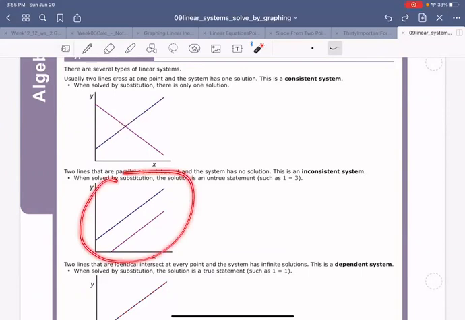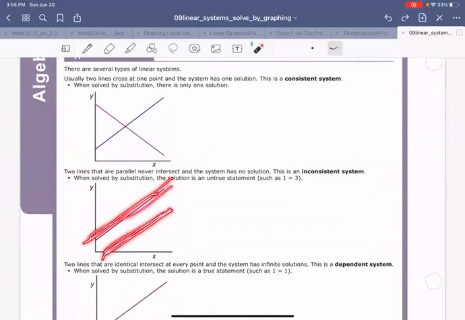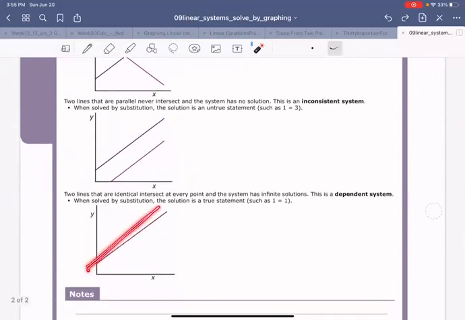The second one represents parallel lines, which means their slopes are the same, so they don't have a crossing point. The last one is just one line. They both have the same slope and the same intercept, which means they are duplicate lines. That is infinitely many solutions.